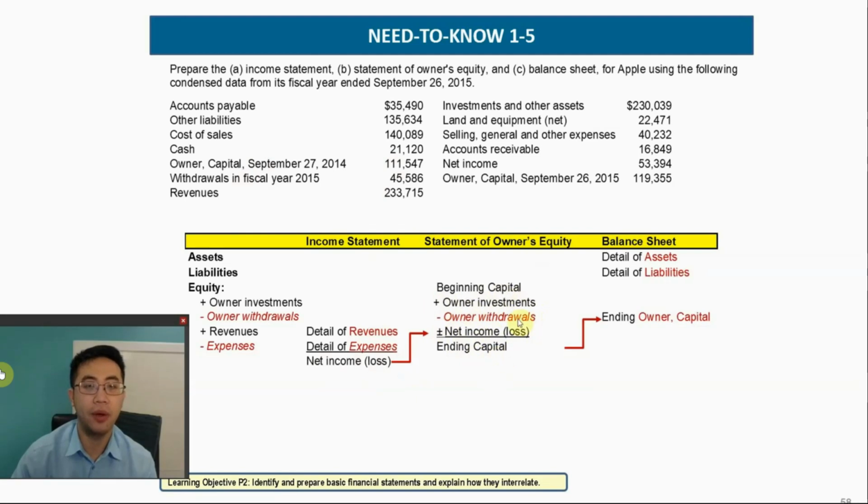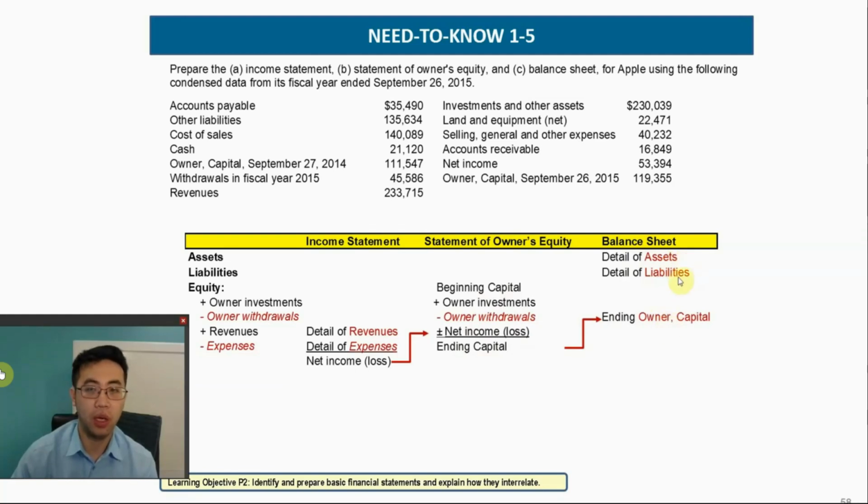After you get this ending capital, you have the total equity on the balance sheet. And then you move this total equity on the balance sheet together with liabilities, and that would be equal to total assets. Once again, in the most fundamental accounting equation, total assets equals total liabilities plus equity.